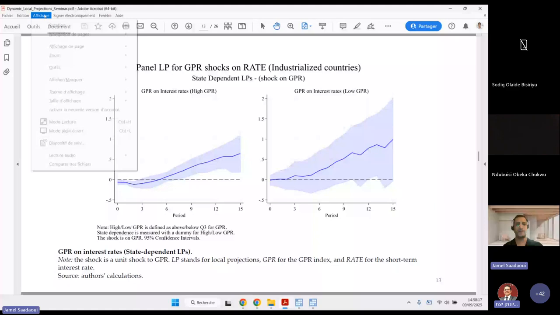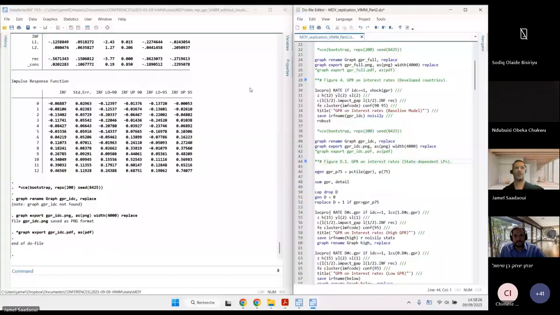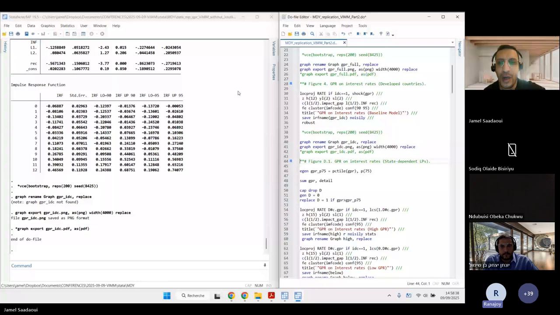Jamel, we have a question from Rana Joy, and then after from Fred. Sure. Professor, when we are taking a figure for only advanced economies, aren't the observations falling below 18? Like we had a total of 18, T equal to 18. So if it is even lower than that, will it have any implication on the results?